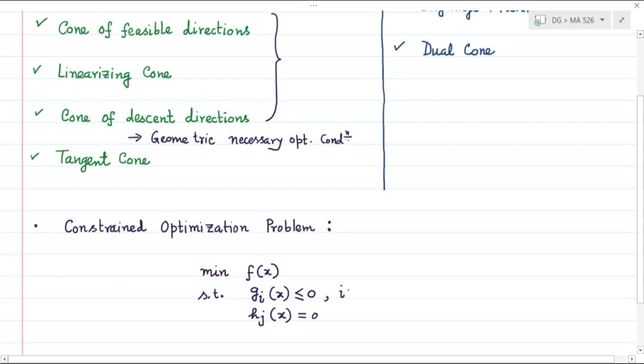Let us suppose we have m many inequalities in the problem and l many equality constraints, and here the variable x is assumed to lie on an abstract set capital X.